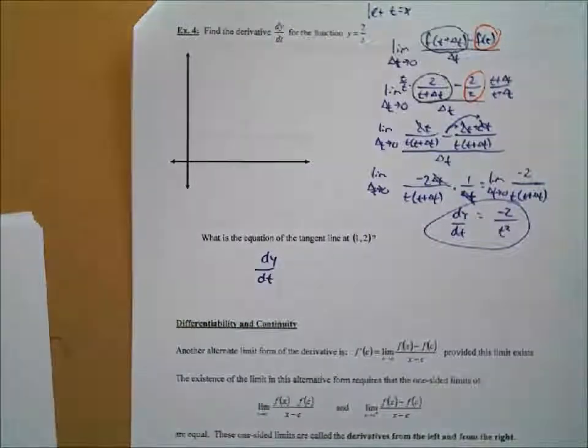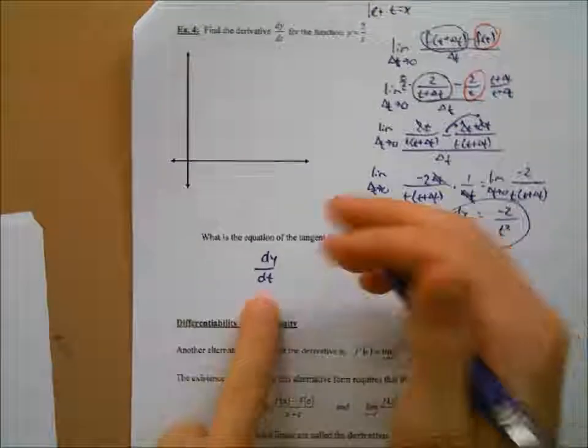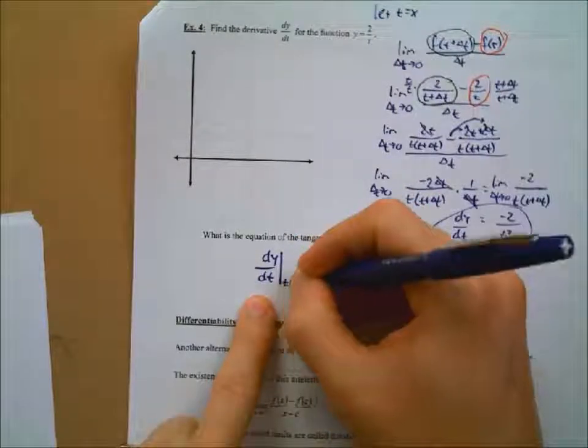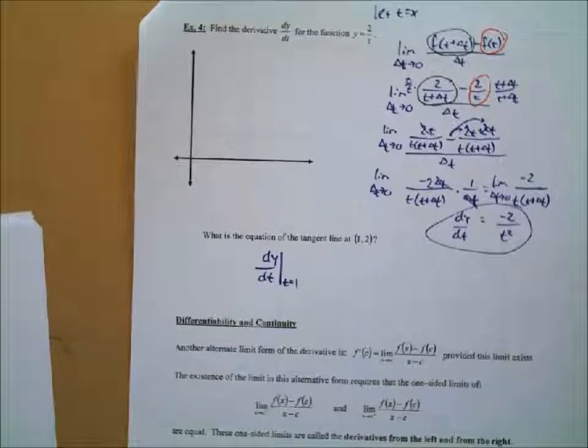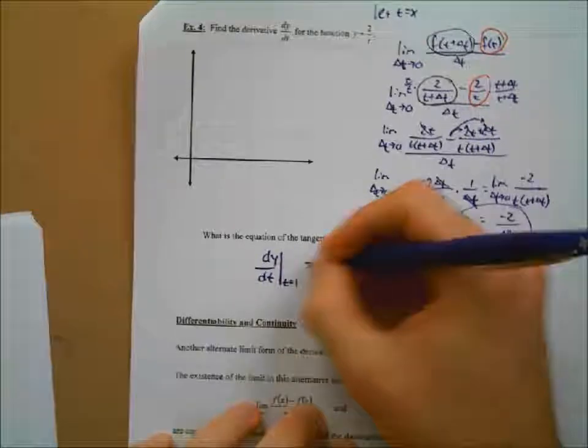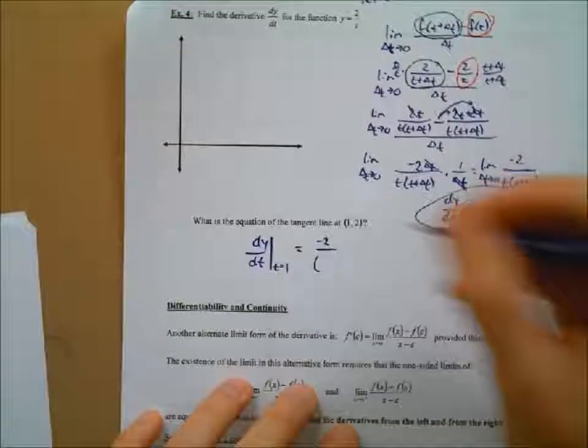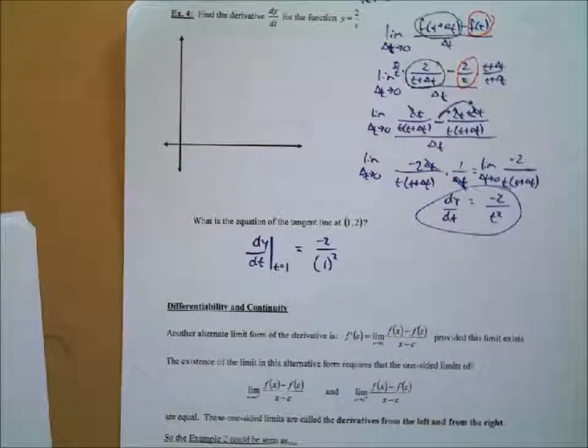So here's how we denote evaluating dy dt at a specific value. You put this vertical bar here, and you put a little t equals 1, like a subscript. That is how you show evaluating dy dt, the derivative of y with respect to t, at t equals 1. And so that's going to equal negative 2 over 1 squared, which is just negative 2.